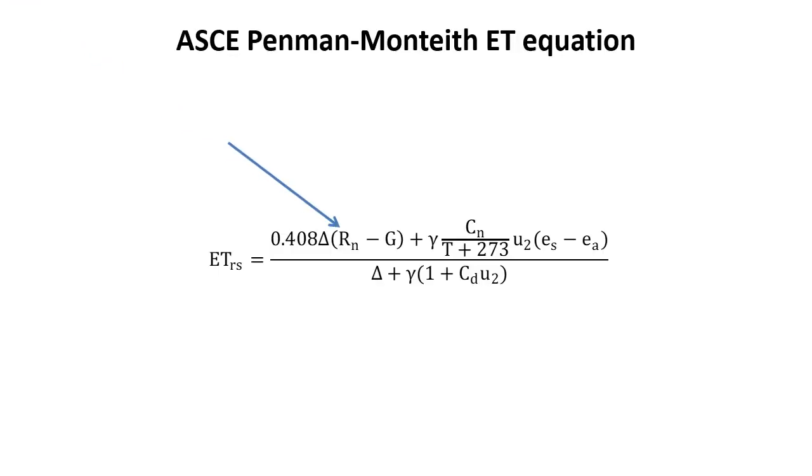Now, as I mentioned, the reference ET is calculated using a standard equation, and we use the American Society of Civil Engineers, ASCE, Penman-Monteith ET equation, which incorporates those four major variables: net radiation.